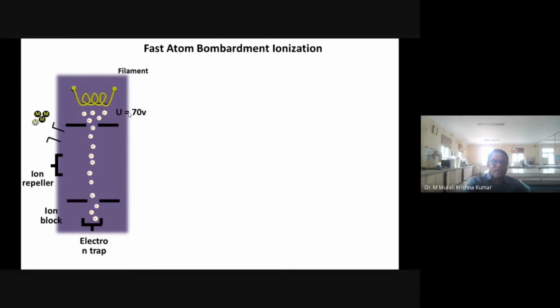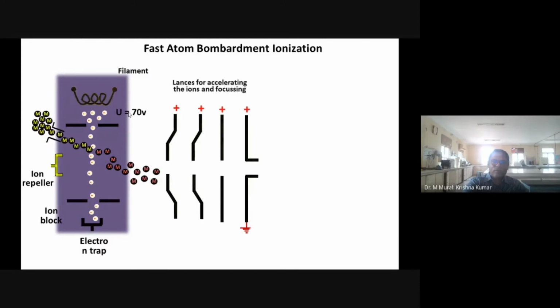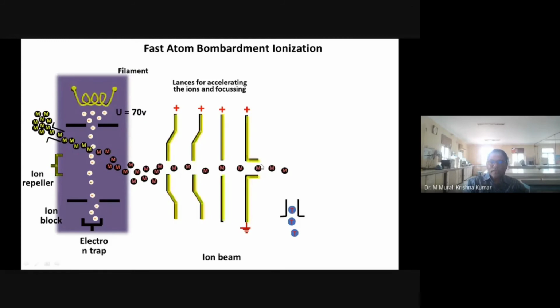Now we inject the reagent gas here so that ions are generated. Now we use the same accelerator plate so that the ions are traveling with the required speed. Then we use this as the ion beam, and the target molecule is injected from here.